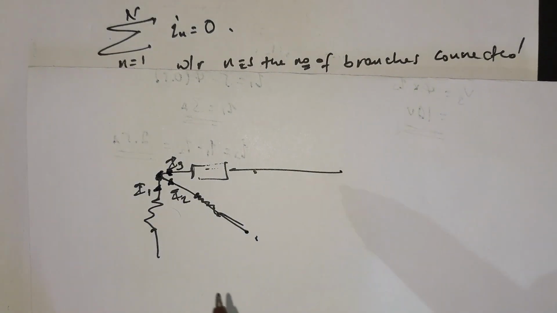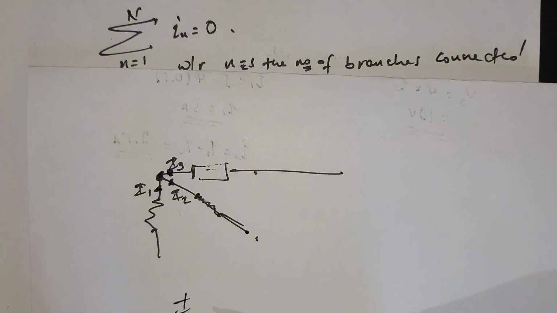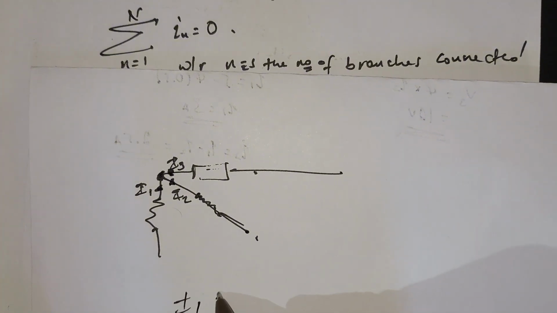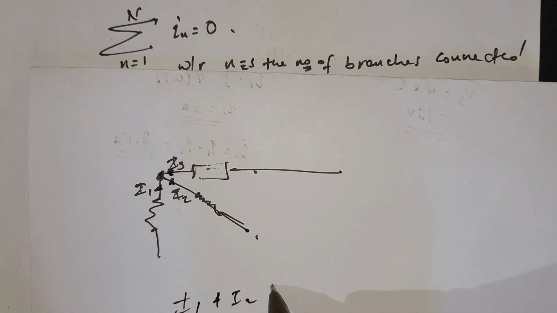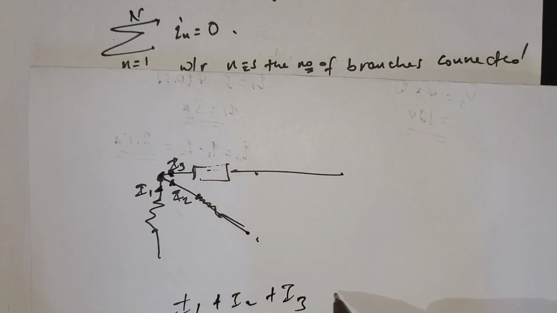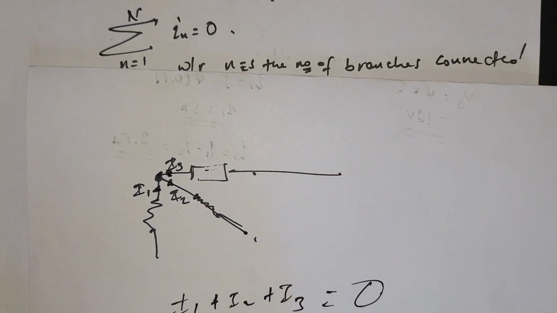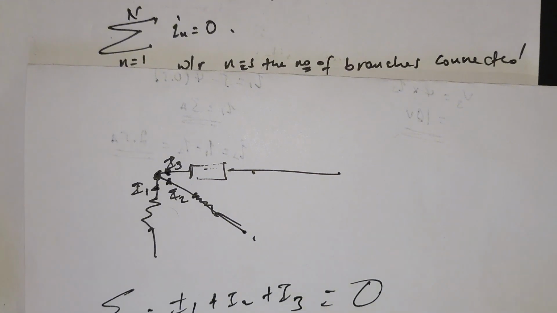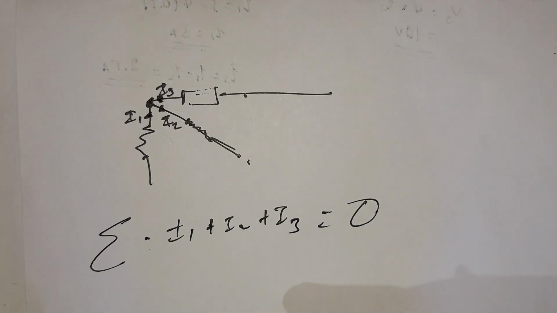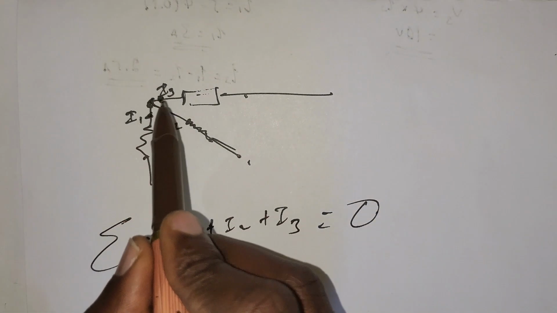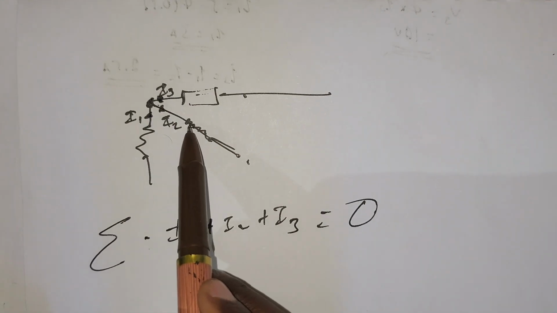Kirchhoff's current law states that the current entering, I1 plus I2 plus I3, is equal to 0, or their summation is 0. As you see, this one is entering the node and these two are leaving the node.